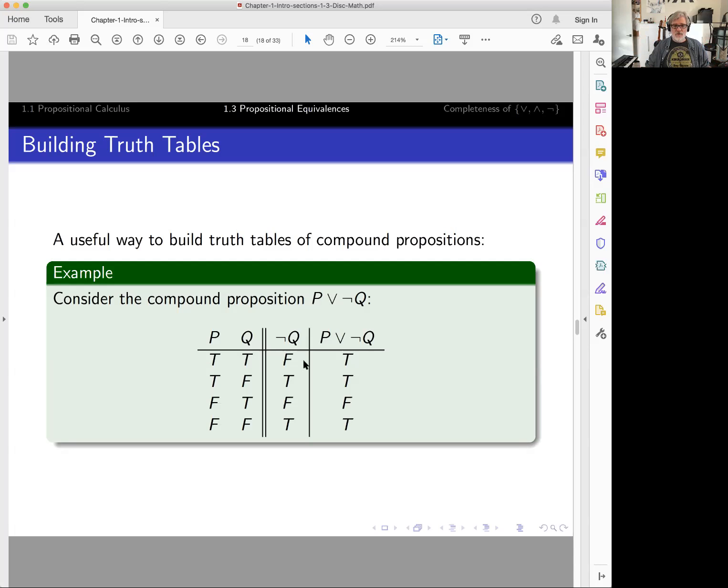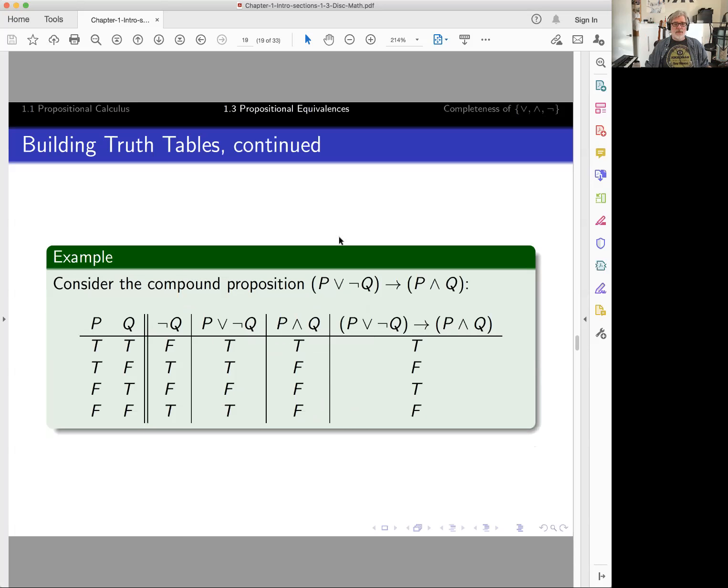So true or false is true, true or true is true, false or false is false, false or true is true. Okay. So this is the truth table. If I erase this column here, I'll get the truth table for P or not Q.